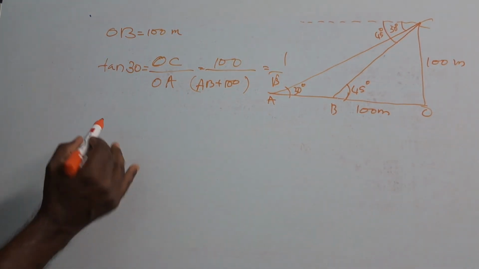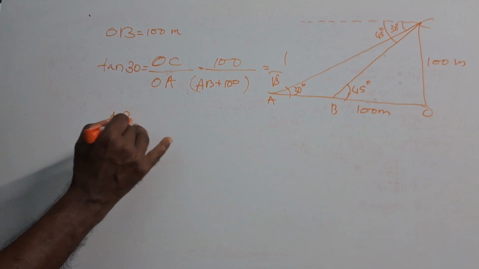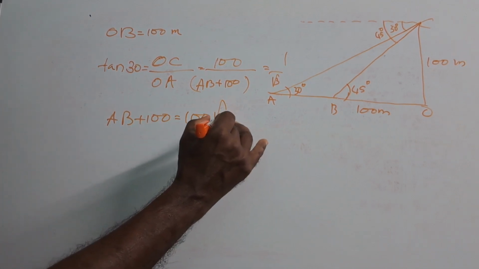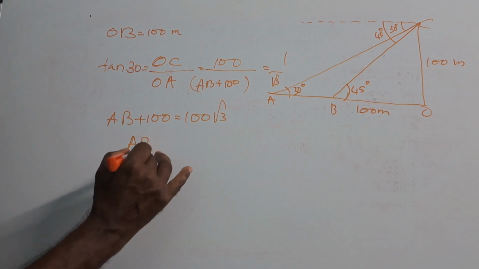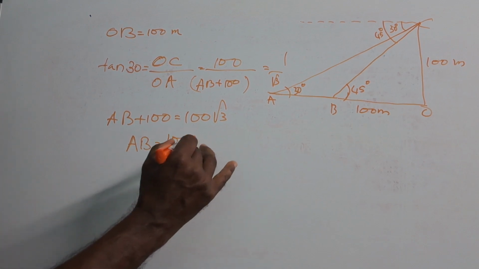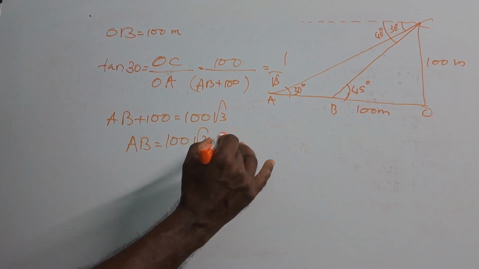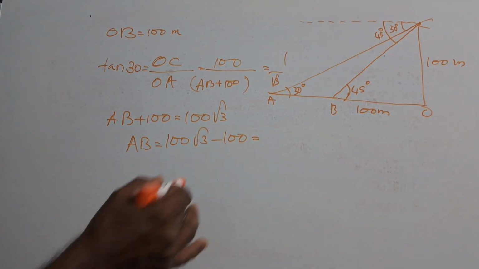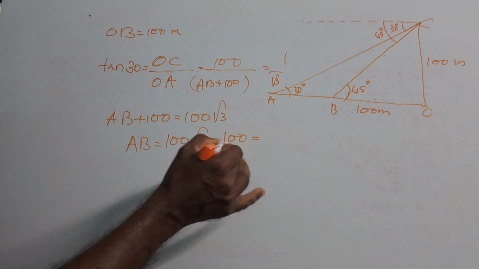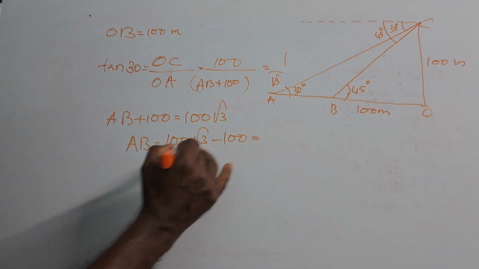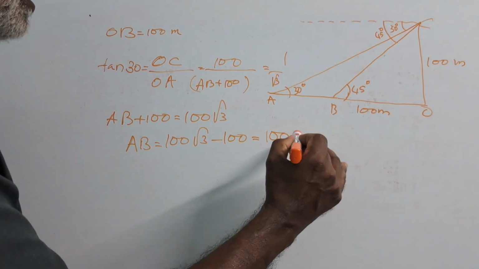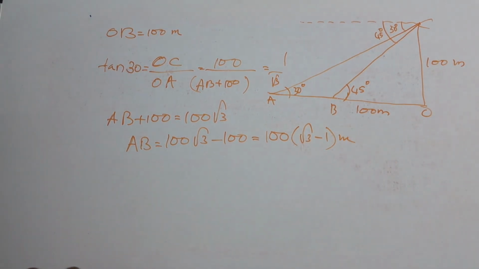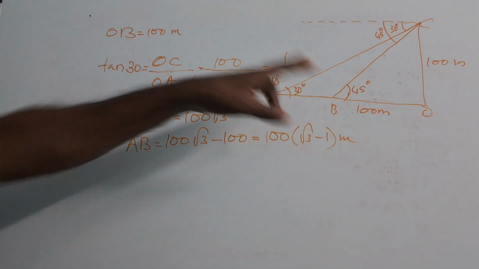By cross multiplication, you get AB plus 100 is equal to 100 root 3. AB is equal to 100 root 3 minus 100, moving the common term 100 out, 100 into root 3 minus 1 meter. AB is actually the distance between the ships.